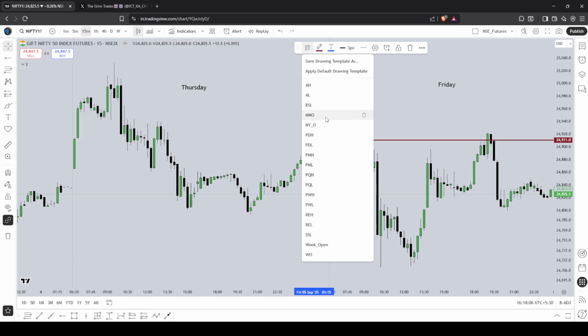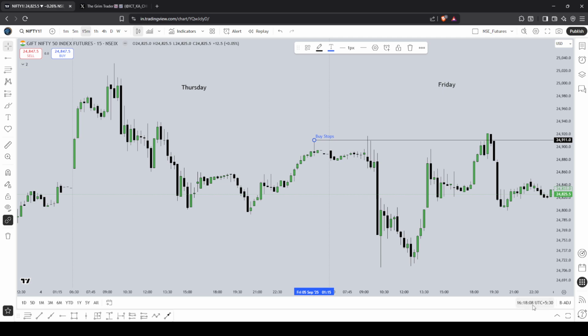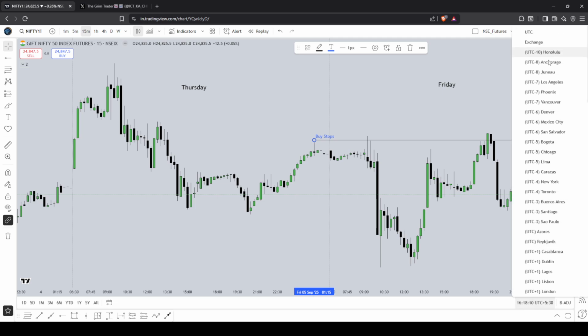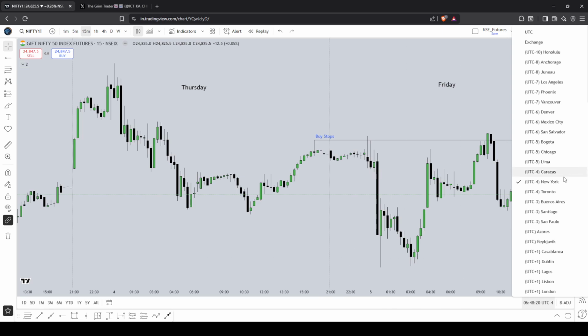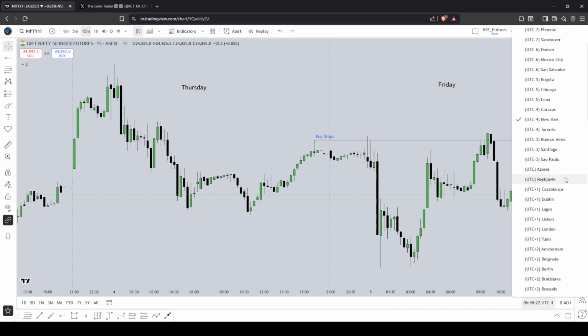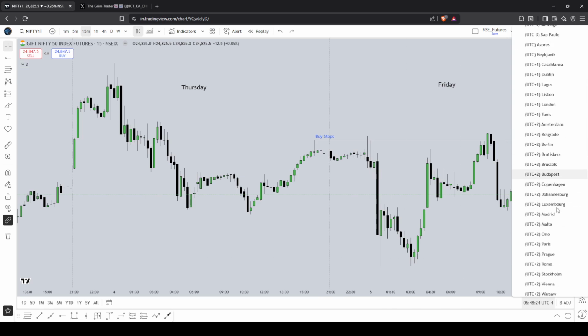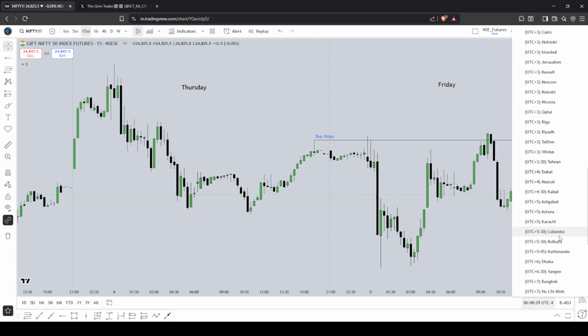We can find out utilizing the clock here. If I change this to New York time, UTC -4, this is the 3:45 p.m. candle in New York time, but that is completely useless to me. All I need to know is that it's sometime in the New York PM session. I'm looking at the time-based range. I don't need to worry about the precise time of day.